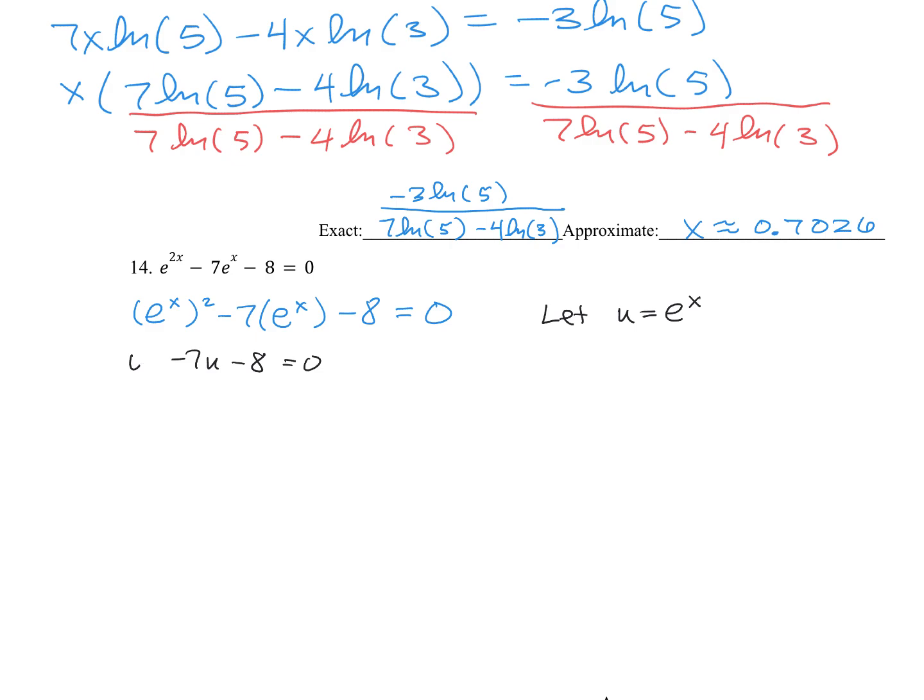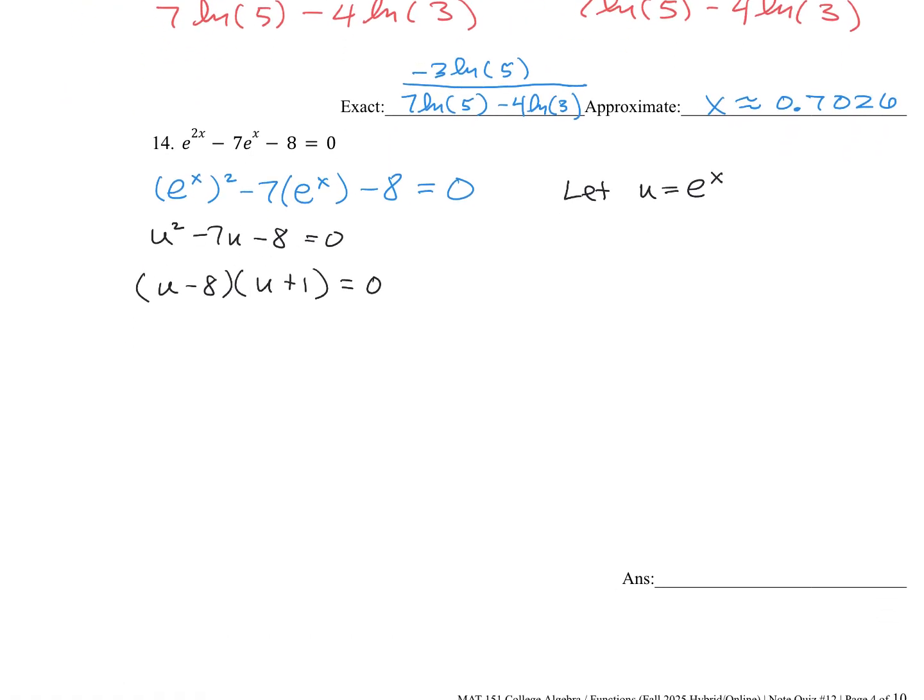When you solve this equation, you should always try factoring first, because we really don't want to layer all of these different things on you at the same time. Usually when a substitution is done, these problems are factorable. I can factor this as u minus 8 and u plus 1 equals 0.